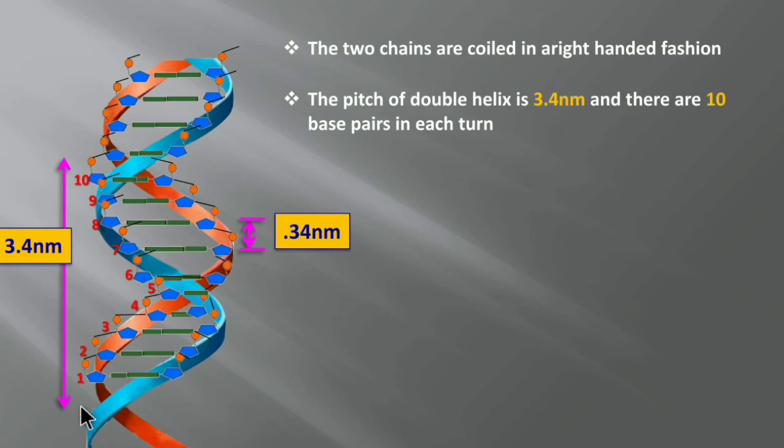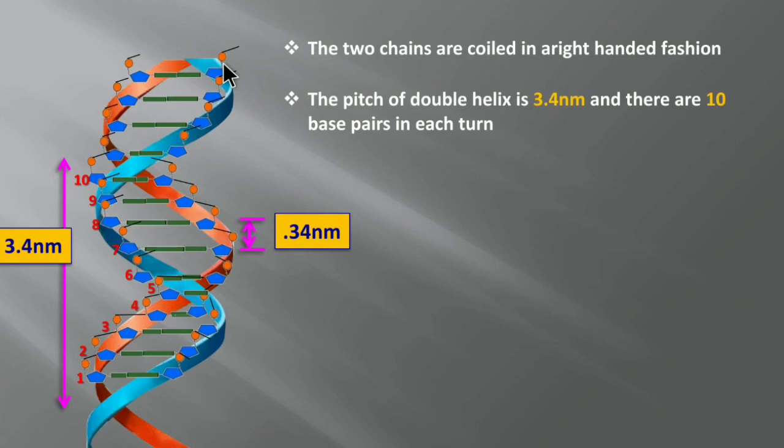So 360 degrees is one turn. The distance between two minor grooves, we'll discuss later what these minor grooves and major grooves are, or between two major grooves, we call one complete pitch or one complete turn.